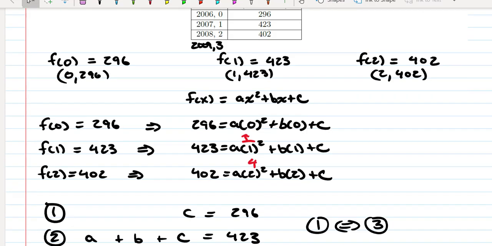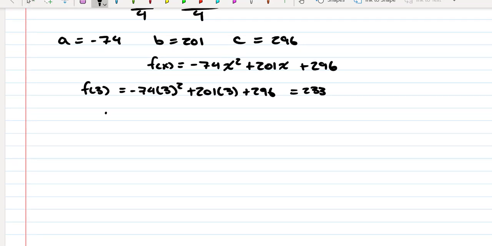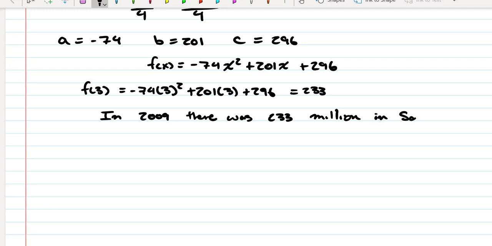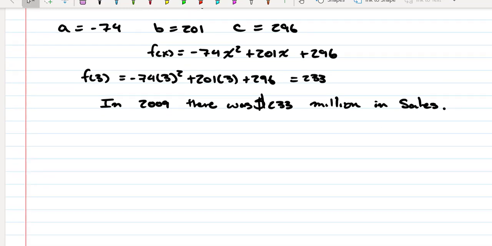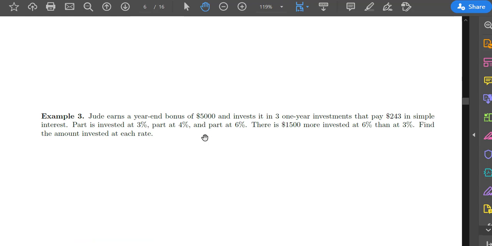So in 2009, there was 233 million in sales. All right.